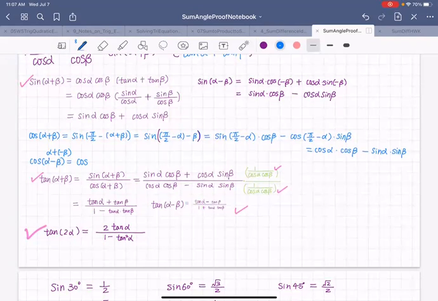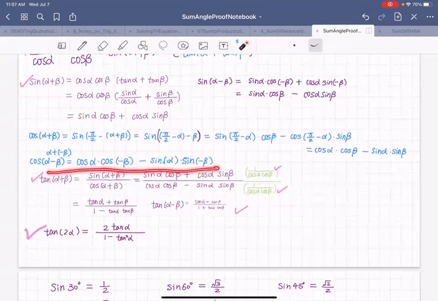So this equals cosine alpha times cosine beta, minus. You can choose negative beta here. So that equals cosine alpha times cosine negative beta, and then minus sine alpha times sine negative beta.